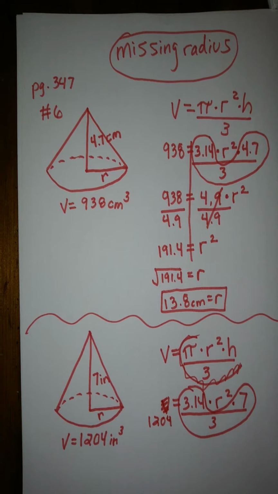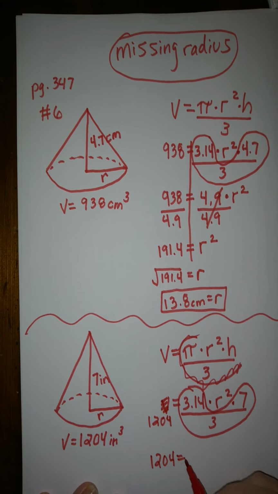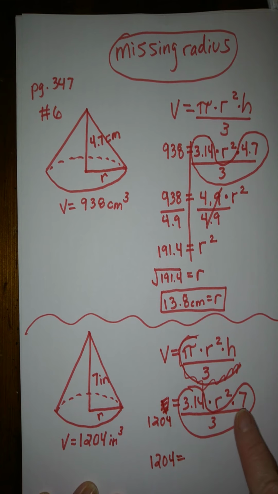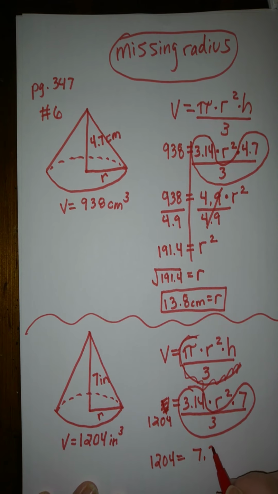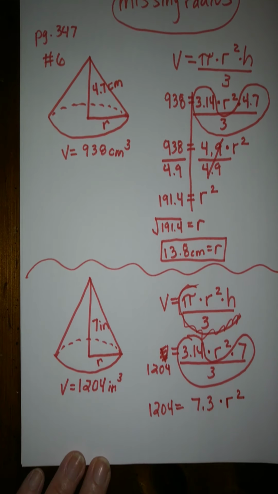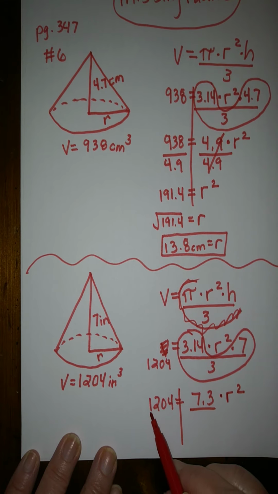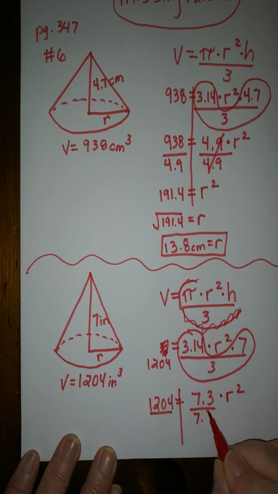Okay, so we end up with 1,204 equals, when you do 3.14 times 7 divided by 3, you end up with 7.3 times, we still have r squared, right? So now we're going to solve this like a one-step equation. Divide both by 7.3.